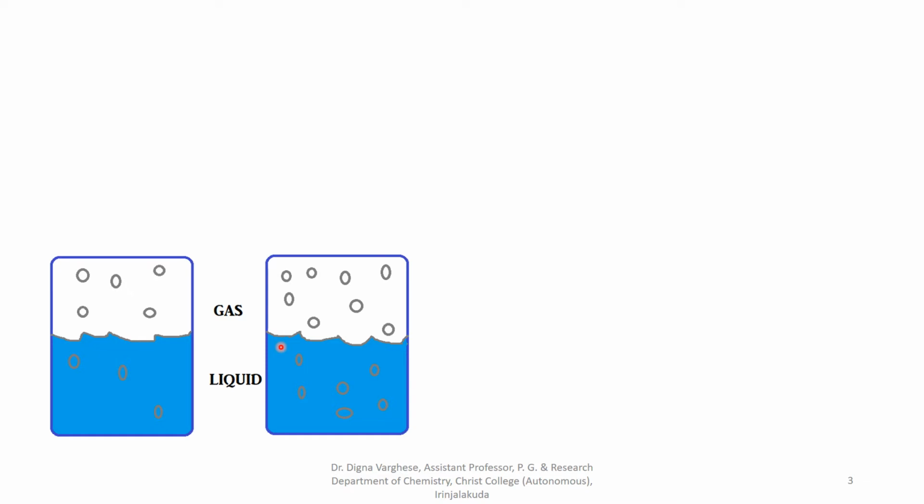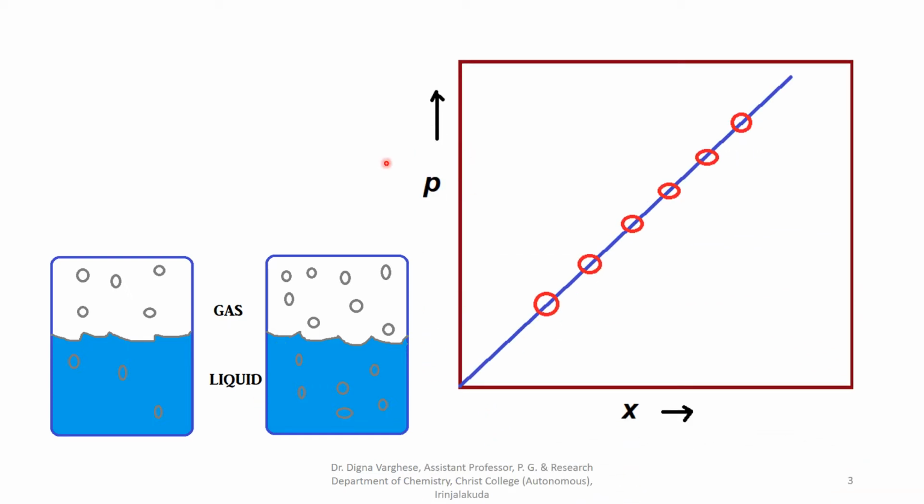For a gas obeying Henry's law, the plot of equilibrium partial pressure P against the mole fraction of the gas in solution at a constant temperature must be a straight line passing through the origin, and its slope is Kh. Kh is dependent on the nature of the gas. It is a particular value for nitrogen, a particular value for oxygen, and so on. So different gases have different Kh values at a constant temperature.